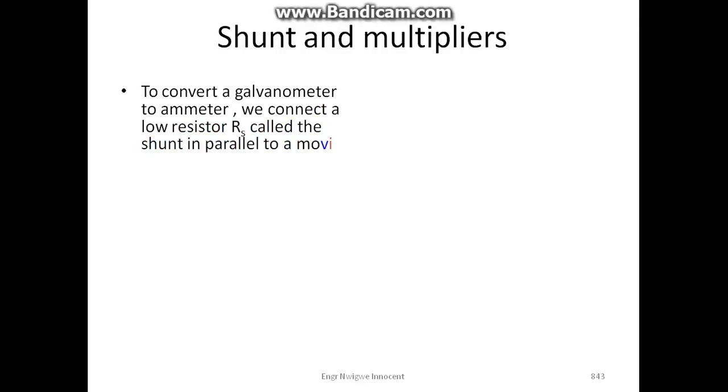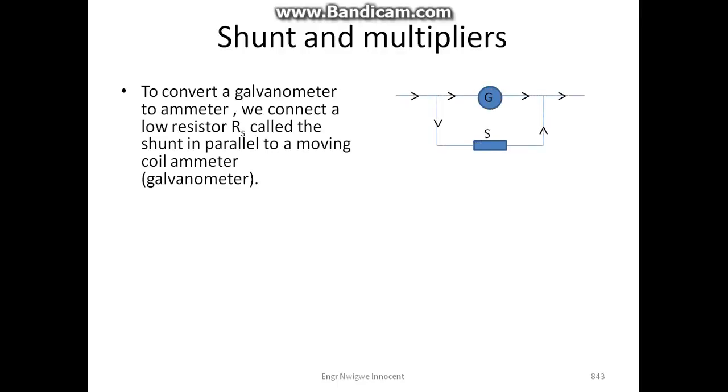Shunt and multiplier. To convert a galvanometer to an ammeter, we connect a low resistor RS, called a shunt, in parallel to a moving coil ammeter (galvanometer). Figure 4.20 shows a low resistance shunt.